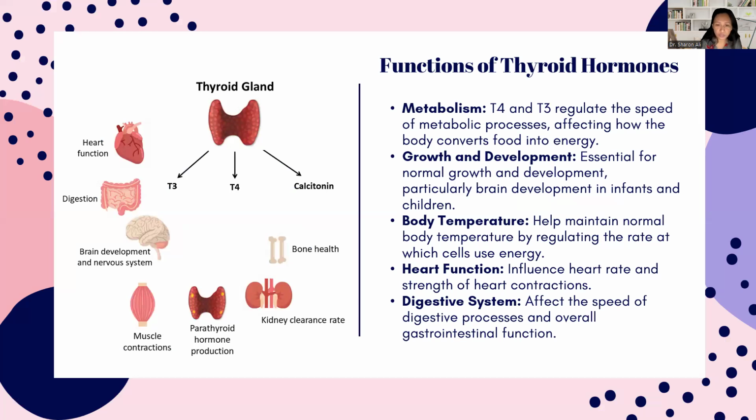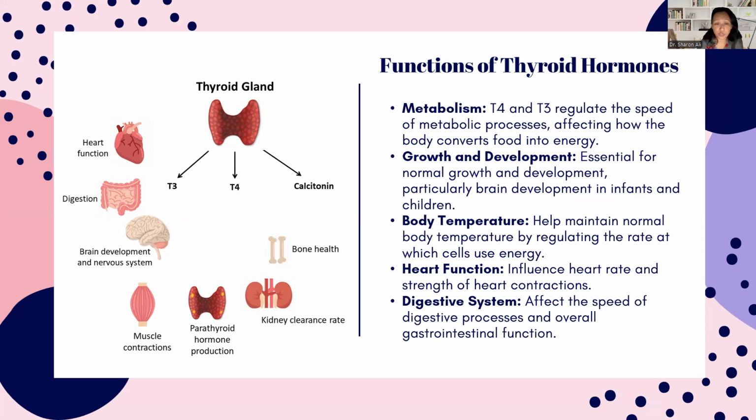Now we also know, as we talked about calcitonin, that the thyroid gland is essential for normal growth and development, especially of the brains of infants and children. It is important for the regulation of the body temperature.